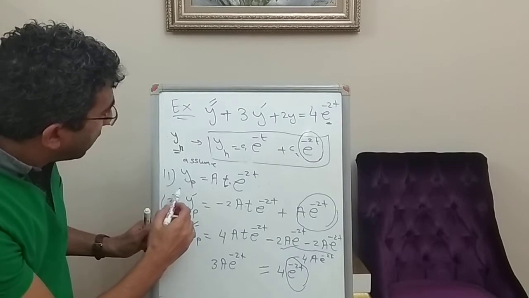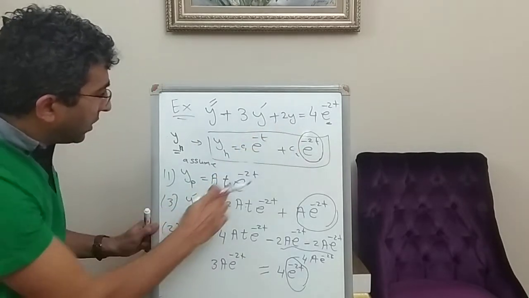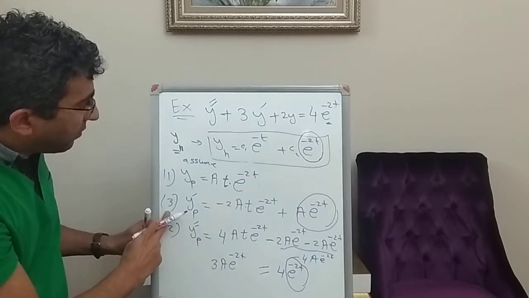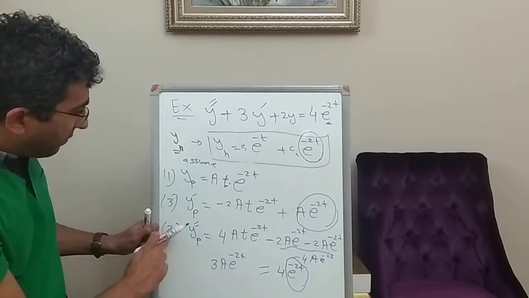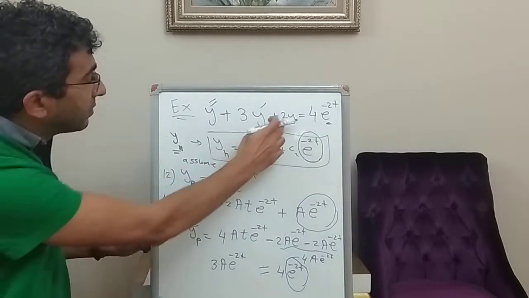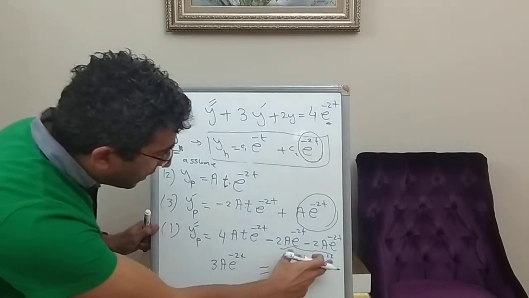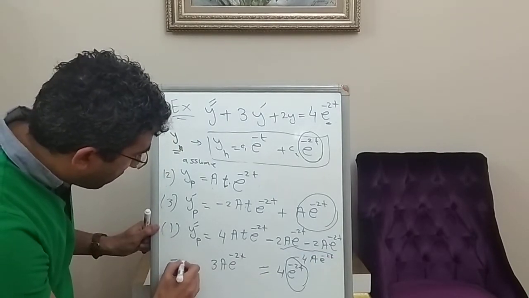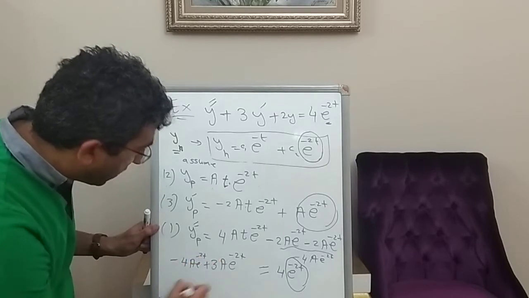I plug into the equation. Sorry, this is not needed because I don't have this term. This one is 3 times that, this is multiplied by 1, this by 2, this by 1, sorry for that. So I have here exactly minus 4 a e to the minus 2t.